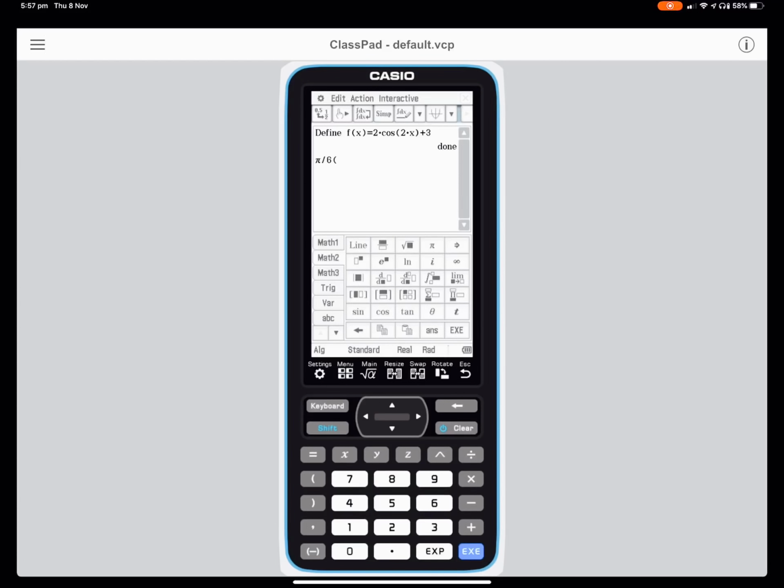and then times f of pi on 6, and then plus f of pi on 3, then it's going to be f of pi on 2, f of pi divided by 2, 7 pi on 6.